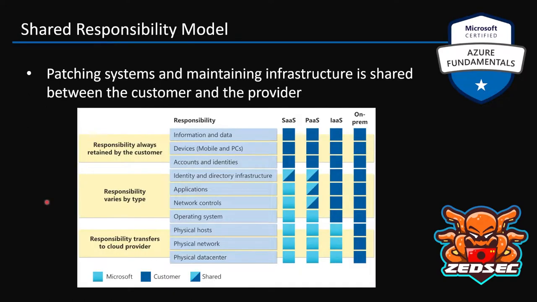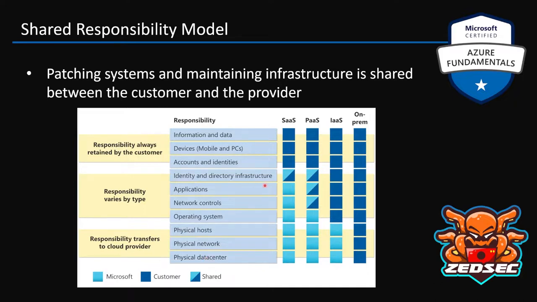So one of the main concepts of the cloud is the shared responsibility model, basically meaning patching and maintaining systems and infrastructure is shared between the customer and the provider, all right? Responsibility is always going to be retained by the customer for information and data, devices like mobiles and PCs, and accounts and identities. You're always going to be managing this as the customer. And the cloud provider, Microsoft in this example, is always going to be managing the physical host, the physical network, and the data center.